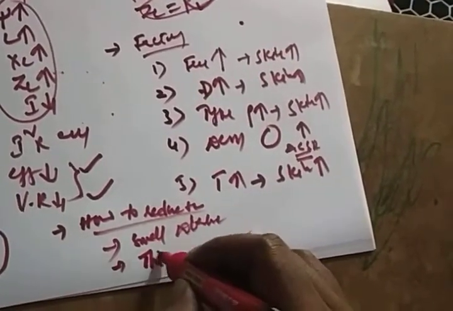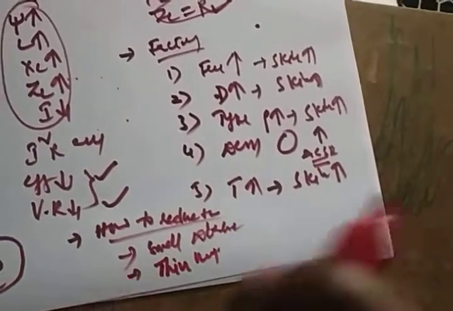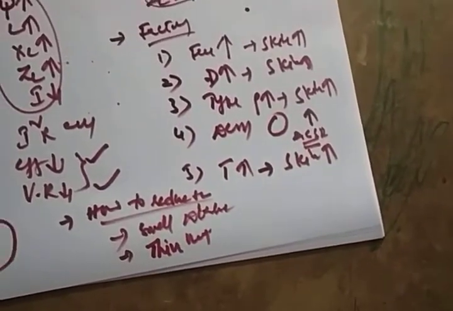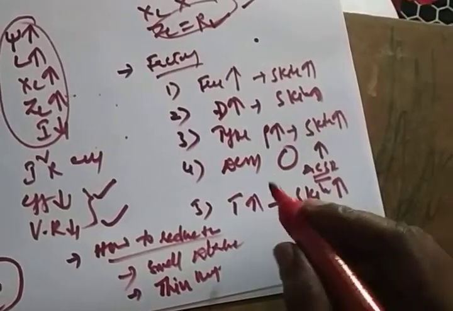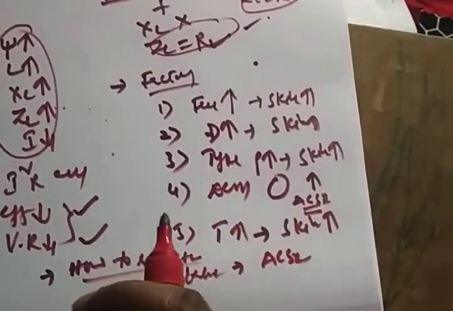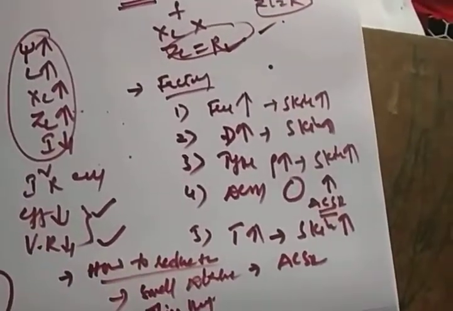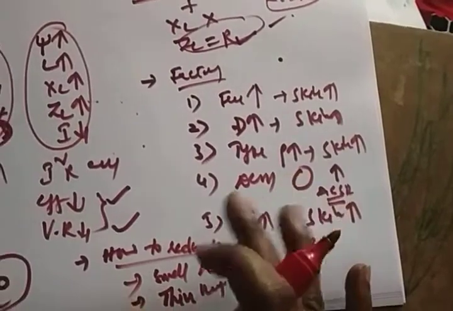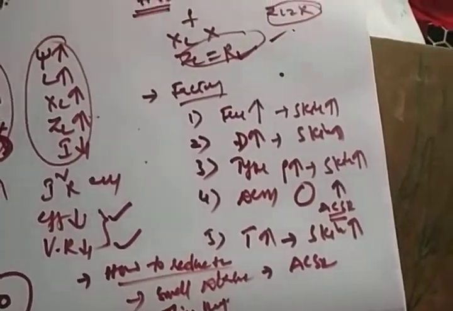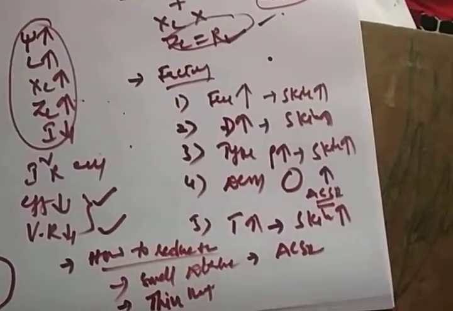Using thin materials also definitely reduces these types of effects in the transmission system. After that, we always prefer ACSR conductors. We don't want to use solid conductors, because with a solid conductor the skin effect will increase. So always prefer ACSR conductors in order to reduce the skin effect.